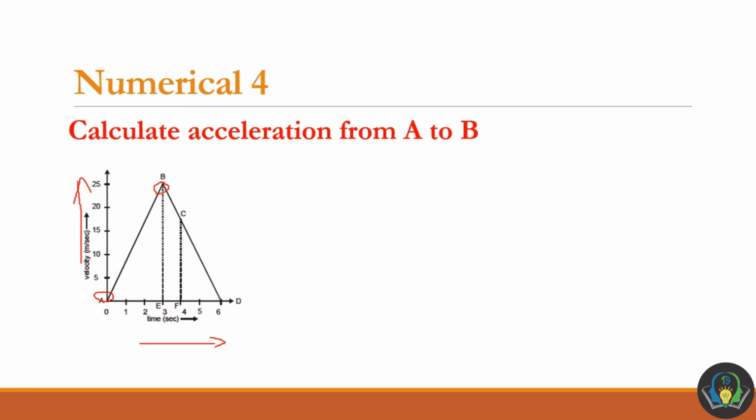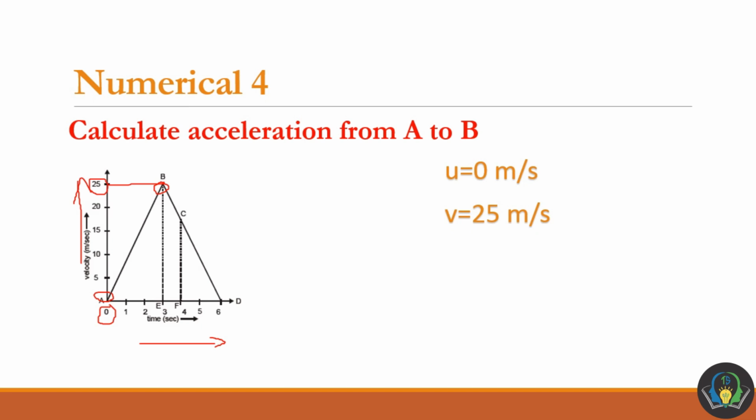Fine. Then let us obtain the data. Over here, what will be our u? Our initial velocity will be 0 because it is beginning from rest, as you can see. So our u will be 0 meter per second. Then at point B, your final velocity, you can see it over here very clearly, is 25 meter per second.